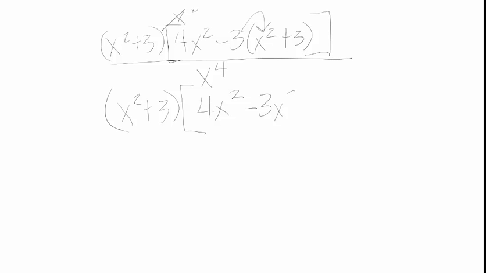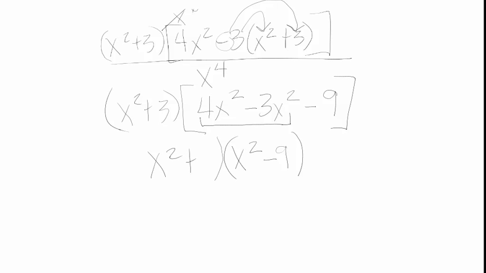And then remember this negative, but it's negative 3 times positive 3, which is actually minus 9. And then if you'll notice here, these can subtract. So I end up with x squared minus 9 being multiplied by this x squared plus 3. And it's still all over x to the fourth.